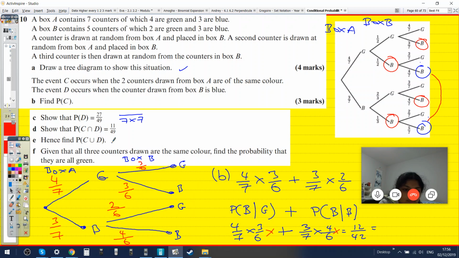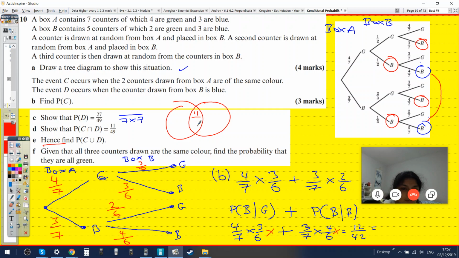Hence find C union D. Would it just be 1 minus 11 over 49? Oh, wait, it's P(A) plus P(B) minus P(intersection). So since we know P(C) is 12 over 42, is that right?